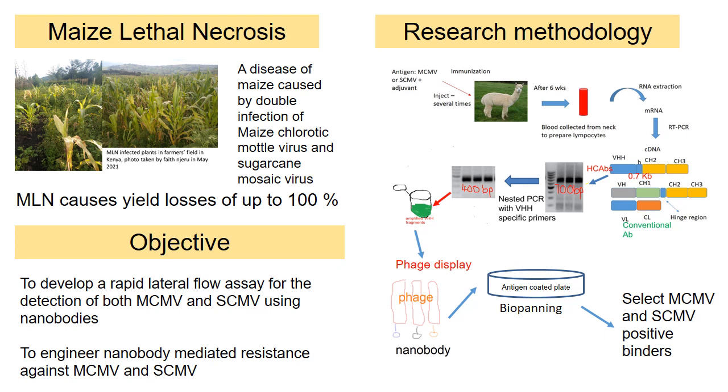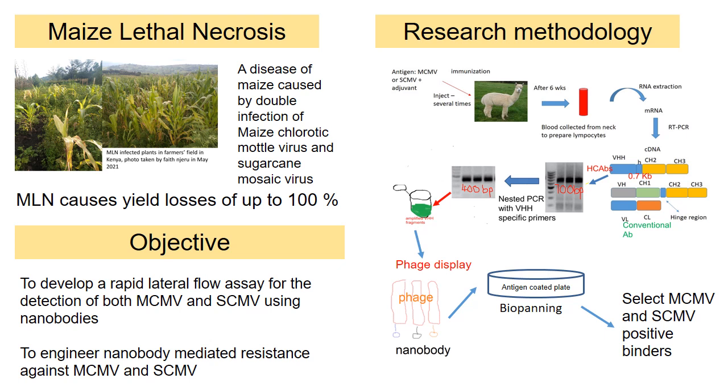For the methodology, I will have the coat protein gene for MCMV and SCMV as my antigen, which I'll mix with the adjuvant, and then I'll do camel immunization. Then I'll have RNA extraction converted to messenger RNA. Then using molecular biology techniques, I'll make the VHH library using nested PCR.